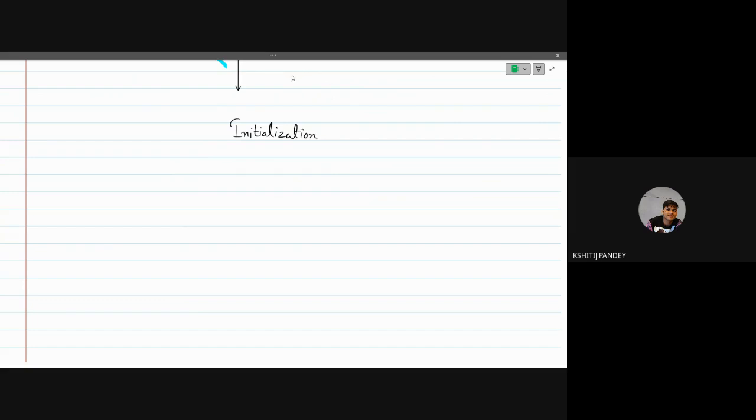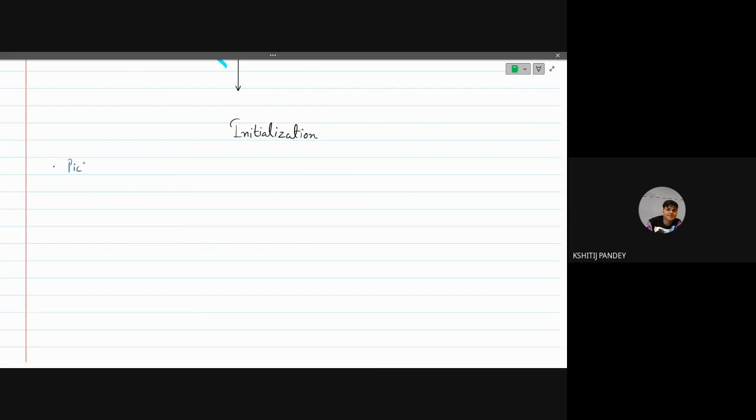So one possible way is, what we did in Lloyd's algorithm, we assigned random clusters to data points. Here we'll not do that. What we'll do is pick k means when we want to divide the data set into k clusters.